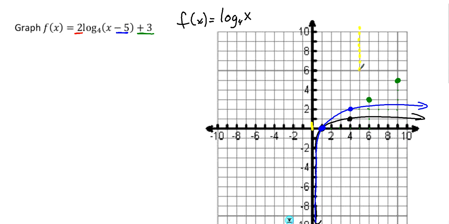So it's going to be right here at 5. Which means our final graph is going to come up this vertical asymptote and then go like that. And that is the graph of our log. So basically, there's only really 2 key points. And if you can get those 2 key points taken care of, then the rest of them will just fall in line. Well, and the asymptote as well.